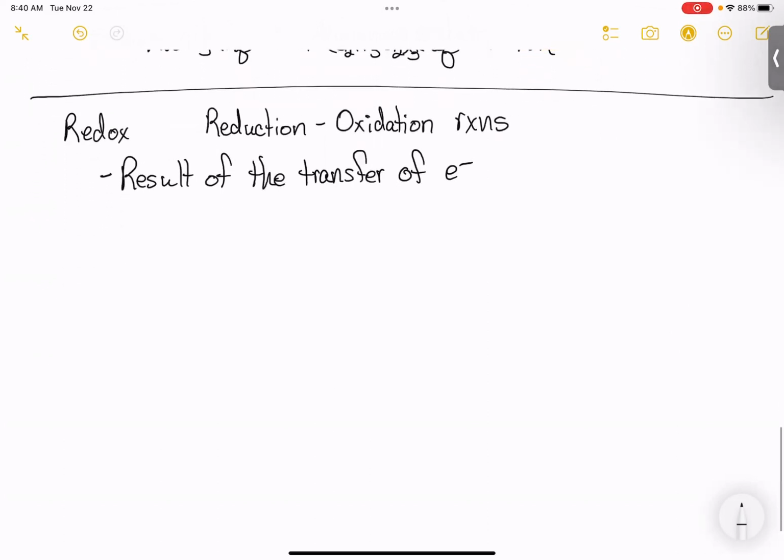So now just some quick information. The very first thing you have to do, step number 1, is you have to assign oxidation states. The oxidation state is what will tell you whether a redox reaction occurs.